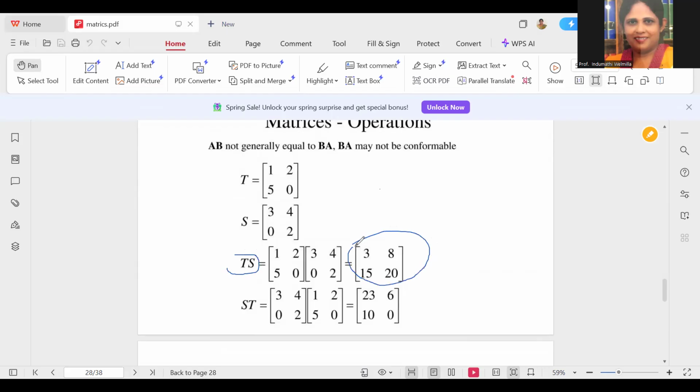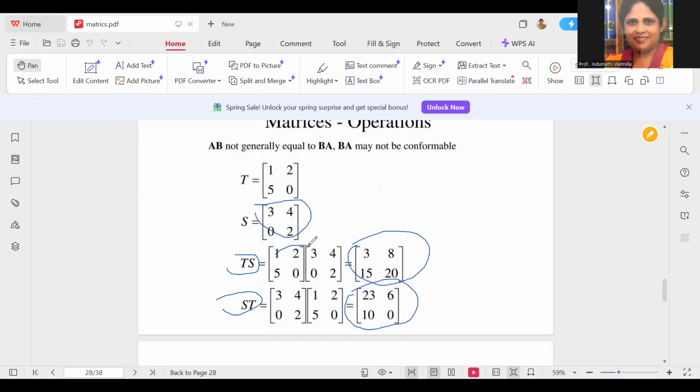I want to emphasize: if we multiply S into T, writing matrix S first and then T, we get a different answer. These two are not similar. AB is not generally equal to BA. BA may not be conformable. So you can check it.